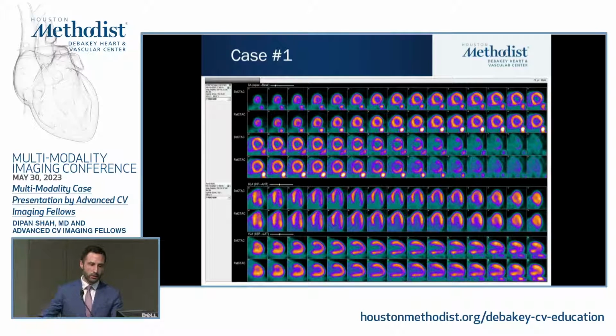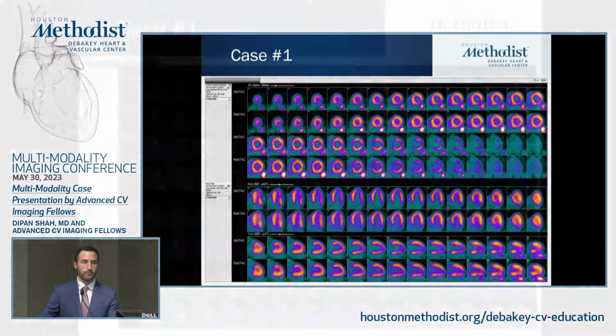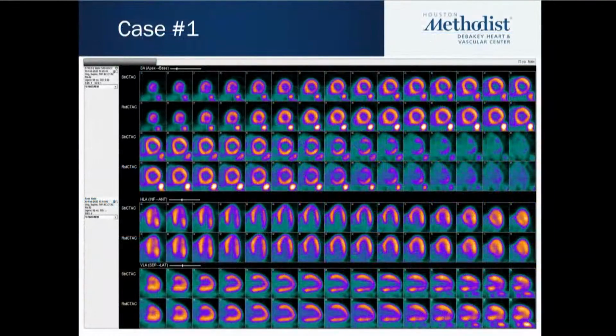So I want to start with a case. It's an 82-year-old man with diabetes, hypertension, risk factors, and he was referred to us for typical anginal symptoms. So he underwent PET. Now these are the relative perfusion images. You have your short axis, your HLA, VLA. Who in the audience would call this no vessel or maybe one vessel disease?